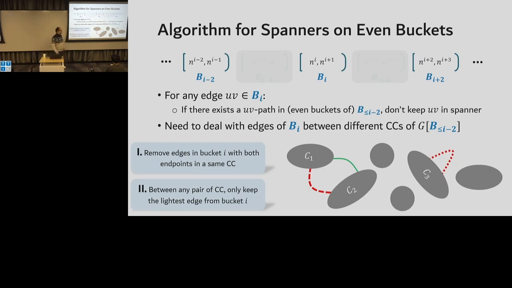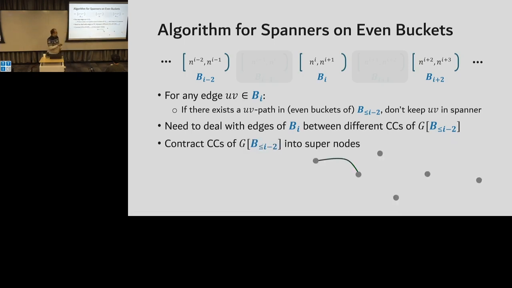So basically I only need to keep a simple graph over the connected components. In particular, you can think of contracting these connected components and just try to store edges of B_i in this contracted graph. We will see that actually we only need to store a spanner of B_i over these contracted vertices.